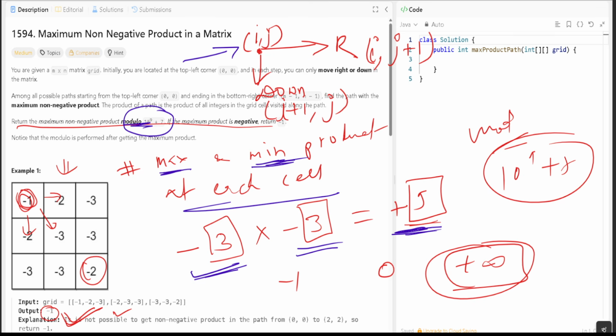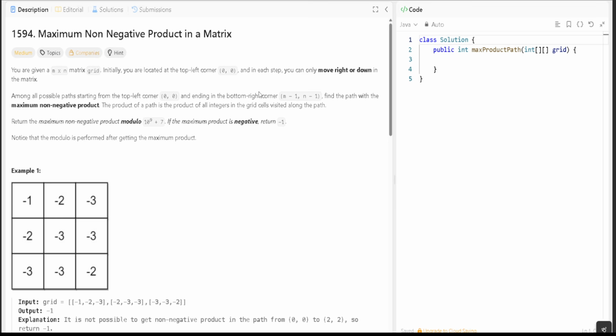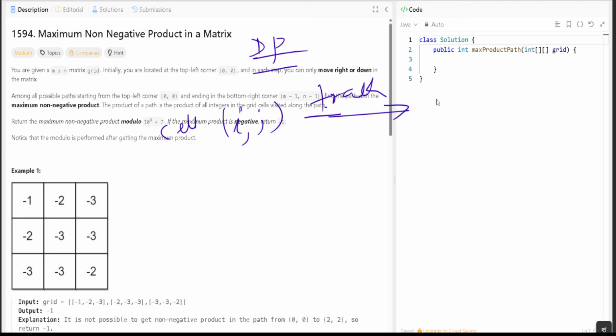Let me clean it. The main DP concept we have here is that at each cell, let's suppose the cell is I and J, we have to track, the very first thing, DP max at I and J. Why?